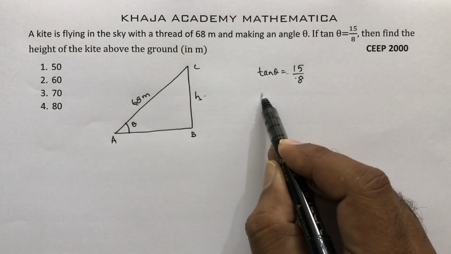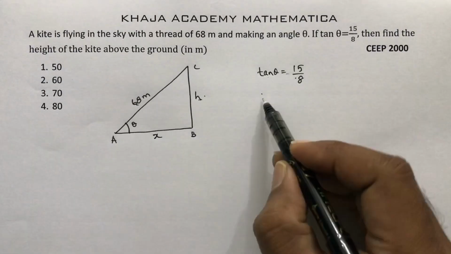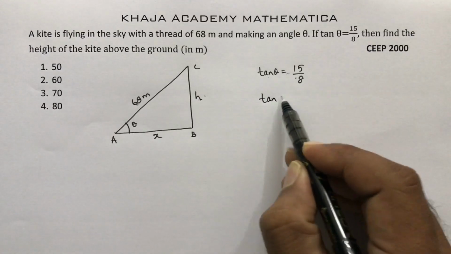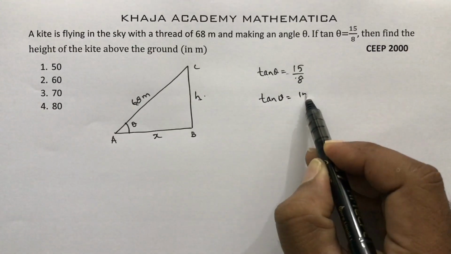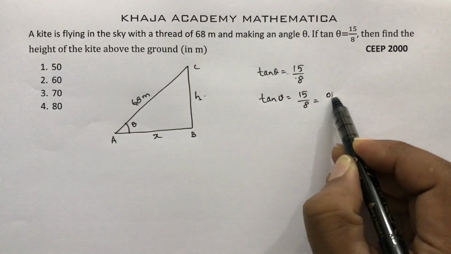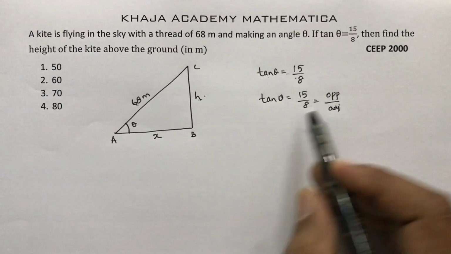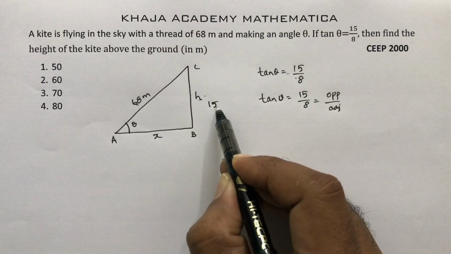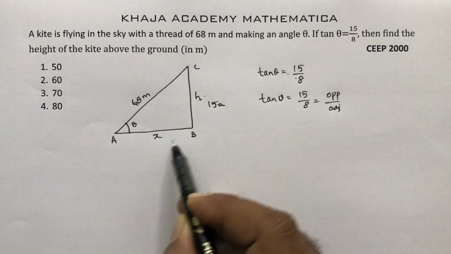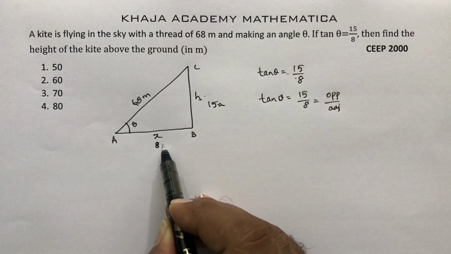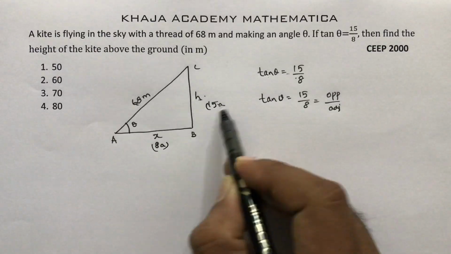Consider it as X. Tan theta is 15 by 8, which is opposite by adjacent. So if this is 15 times A, this is 8 times A, as it is a ratio.